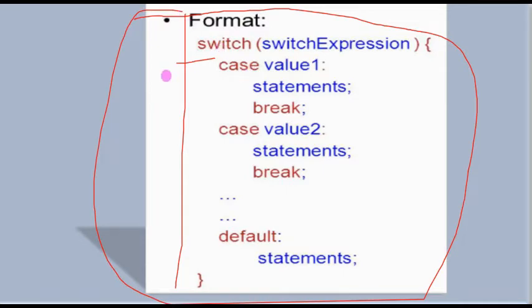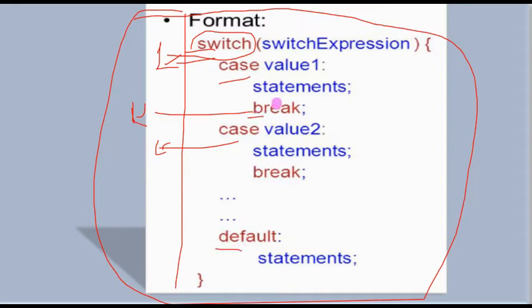There are 4 keywords in a switch expression. The first one is switch, then there is break, case, and default. So there are 4 keywords already known by the C++ compiler: switch, case, break, and default.